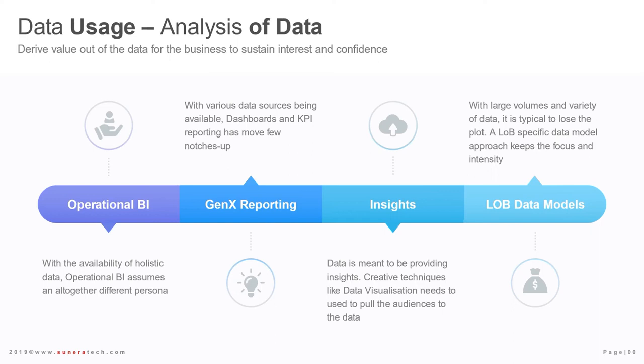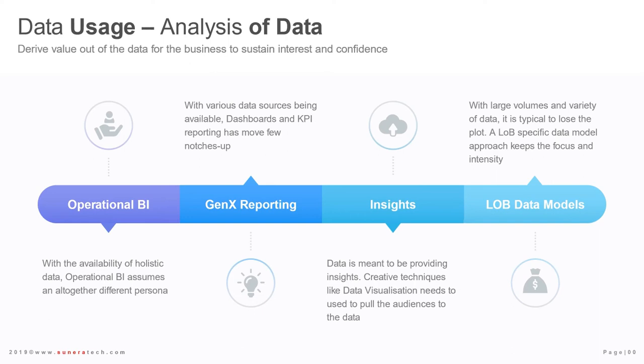And the fourth one we are seeing is the line of business data models, right? If you go with the HR function, going back to the example I brought up, for HR specific things you have to build customizations specific to HR. It will integrate into the overall thing, but you have to build specific data models for a specific line of business. That will fall under the fourth bucket.